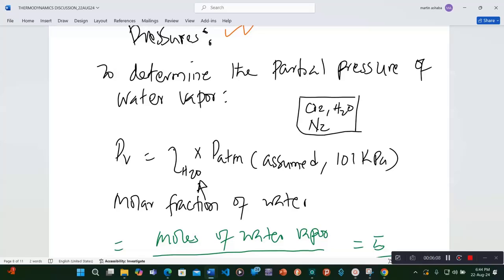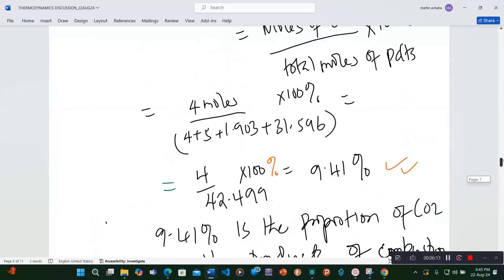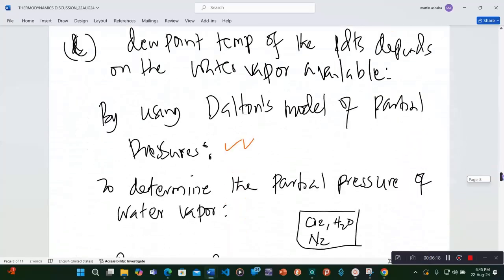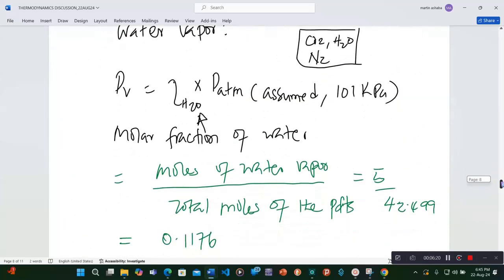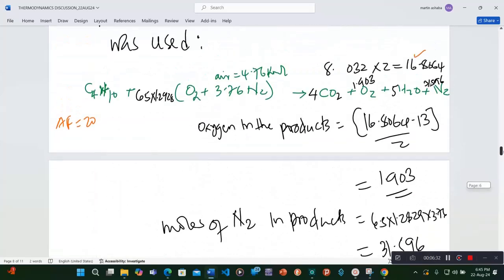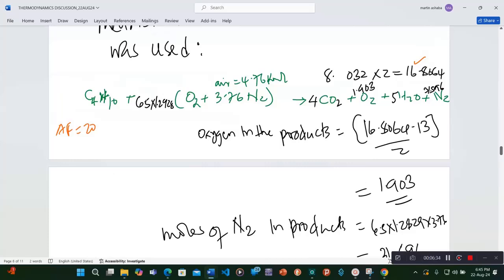Now our problem is we don't know the molar fraction of water, but we can use the products of combustion up here and the moles that are present. We look at the number of moles of water. So what will that be? We need the moles of water vapor divided by the total number of moles of the products. The moles of water vapor are 5 according to this chemical reaction. So we are going to get 5 divided by 4 plus 1.903 plus 5 plus 31.596.